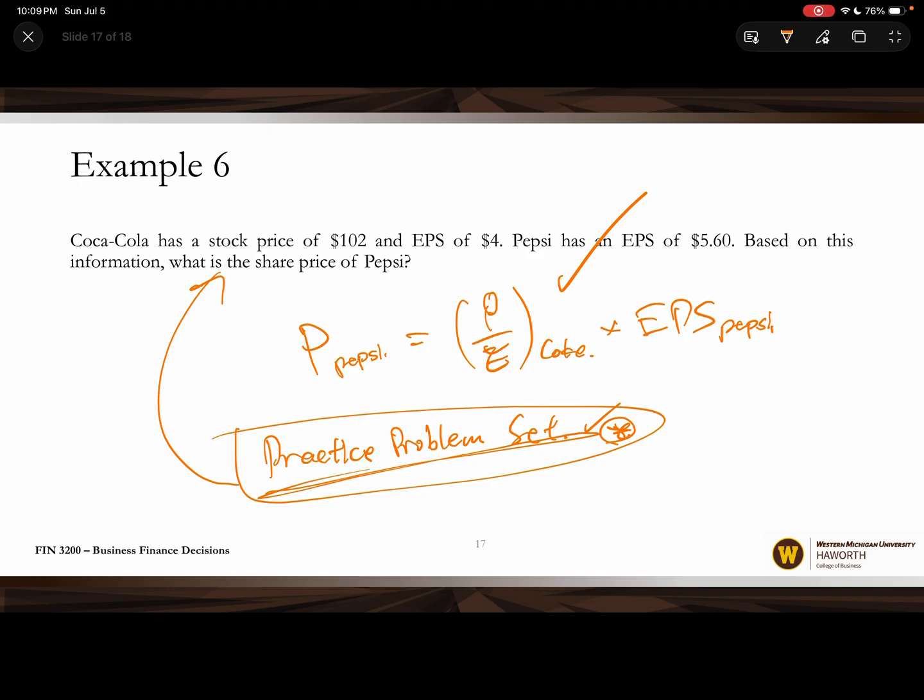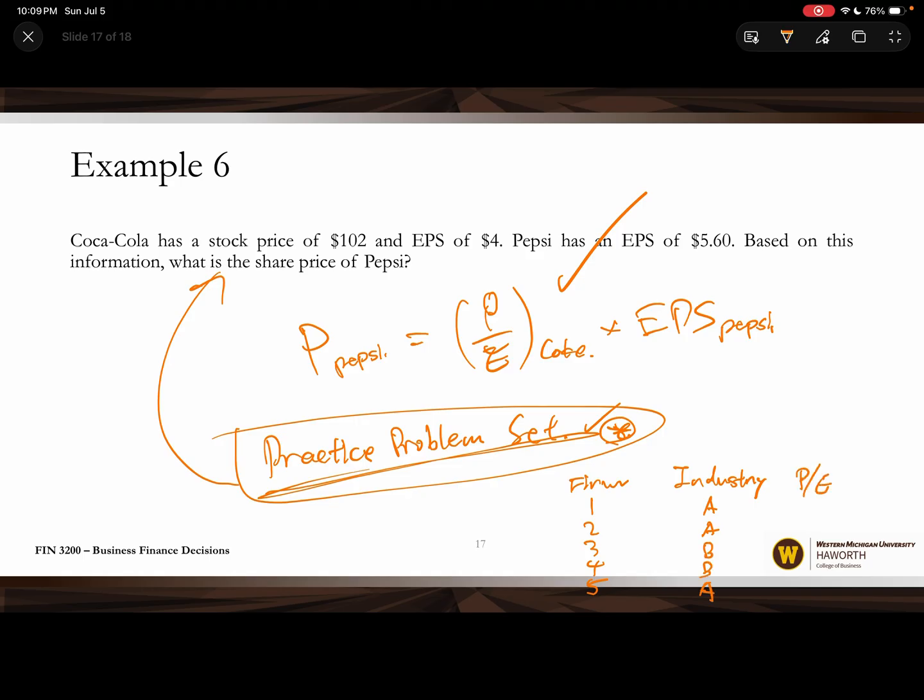I give you a table: firm 1, 2, 3, 4, 5. I give you which industry they operate in, so industry A, industry A, industry B, industry B, industry A. And then I give you the PE ratios.